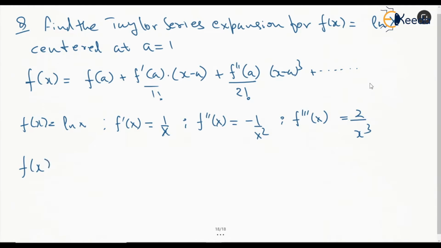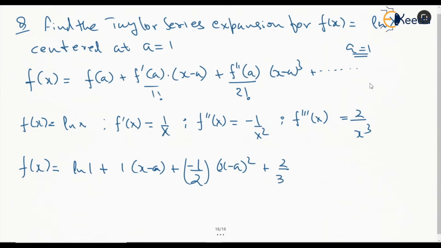Now we can put it. So f of x will become, now this a is equal to 1, so the first term will be f of a, so that is ln 1 plus f dash of a, so 1 by x will become 1 by 1 factorial is also 1 into x minus a, plus f double dash of a, so f double dash of x is minus 1 by x square, so this is minus 1 by 2 into x minus a whole square, and next term is positive, so 2 by x cube, and x is equal to 1, so directly 2 by 3 factorial and x minus a cube.